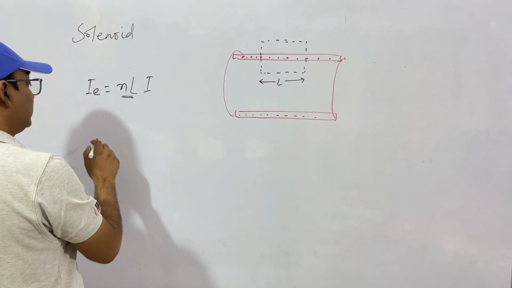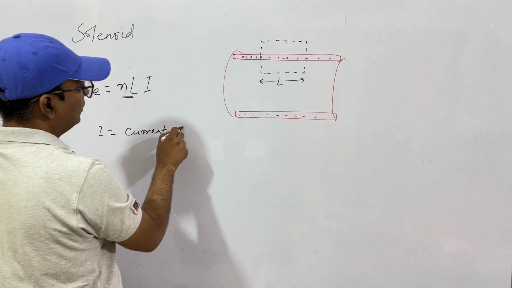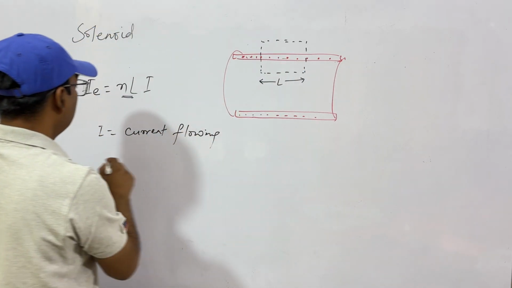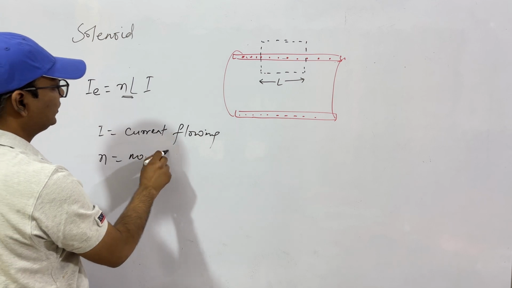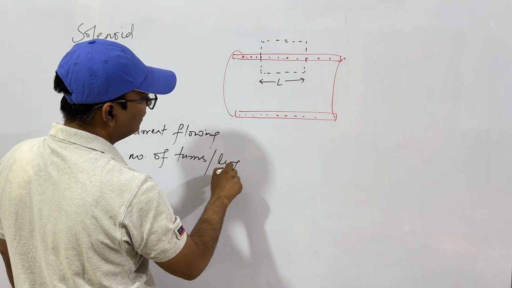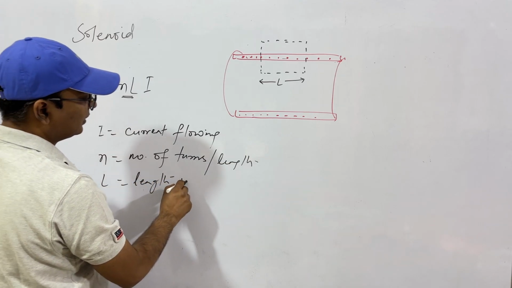Clear? Let me explain this again. Let I be the current flowing like this. Let N be the number of turns per unit length, and L is the length under consideration.